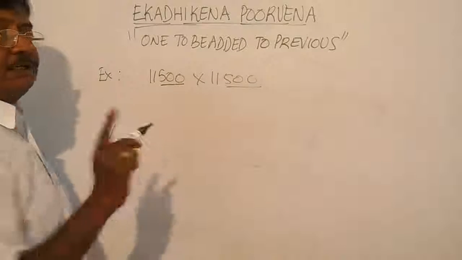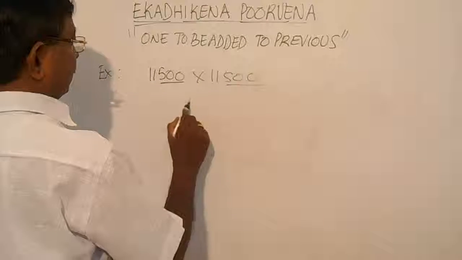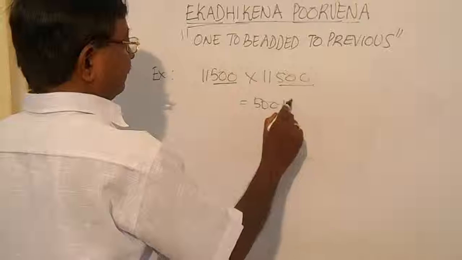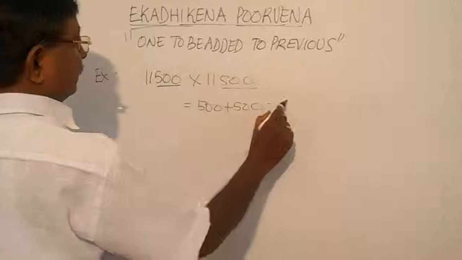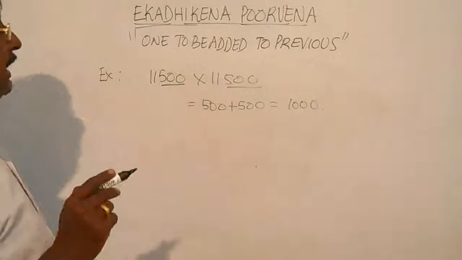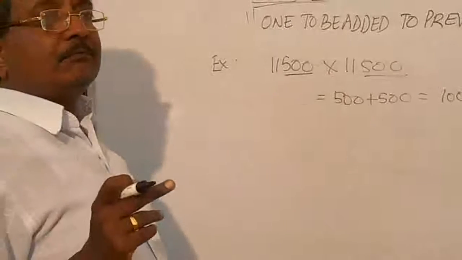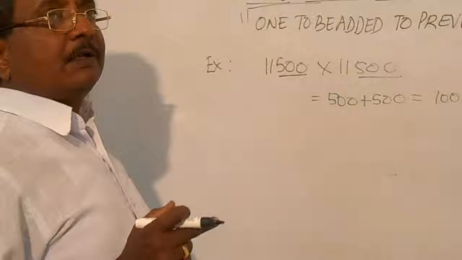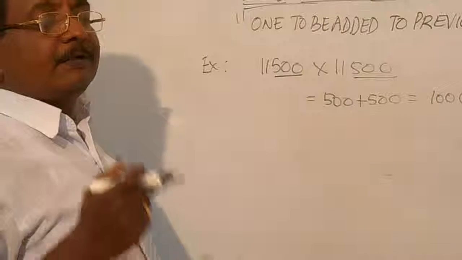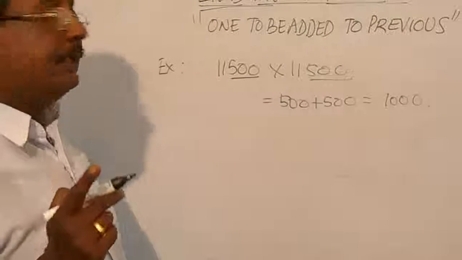The last 3 digits of multiplier and multiplicand, 500 plus 500, is equal to 1000. Our first situation in case of ekadikena purvena is the last digit or digits of multiplier and multiplicand, if it is equal to 10, 100, or 1000, we can use the ekadikena purvena.